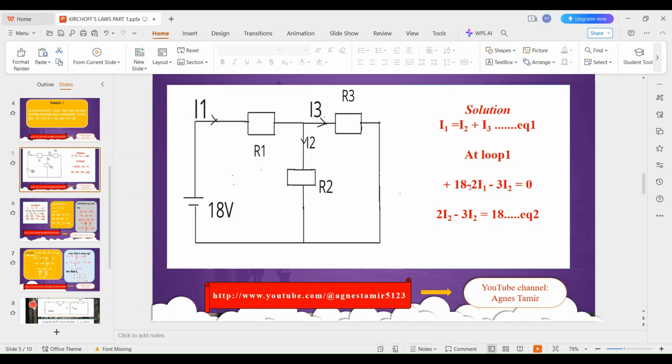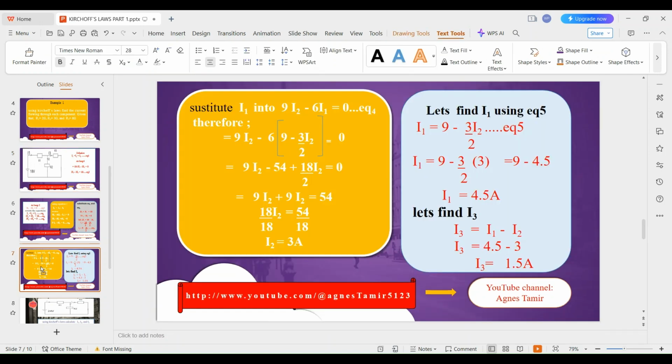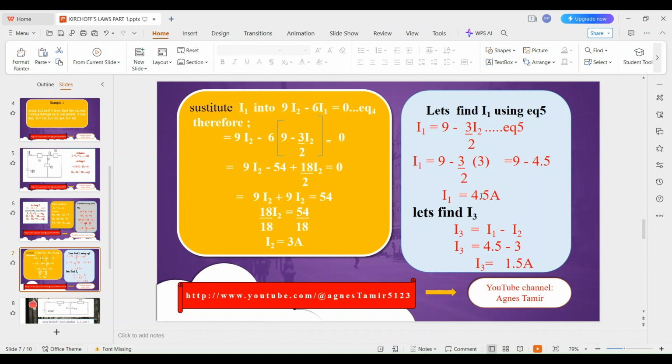We can as well prove and see whether our answer is correct. We have seen that current 1 is 4.5. So we want to see whether this is true. We open our bracket: 2 multiplied by 4.5 minus 3 multiplied by current 2, which was 3. Just a minute, we want to prove and see whether our answer is correct.